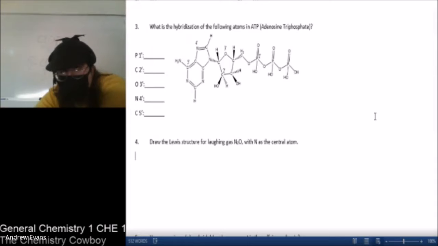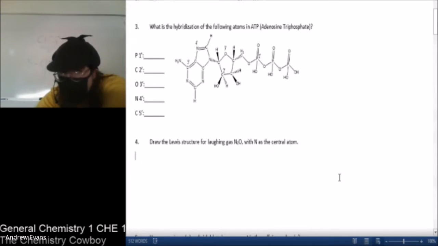I think I've been a little bit nicer about this test, but keep in mind, hybridization is not hard if you remember this simple fact. We are looking at how many things are coming off the atom, and that has to do with the hybridization. 4 things coming off, sp3. So 1s and 3p add up to 4.